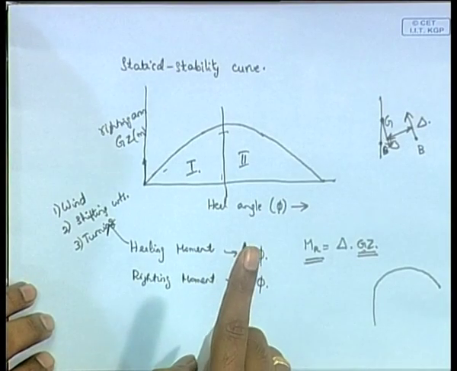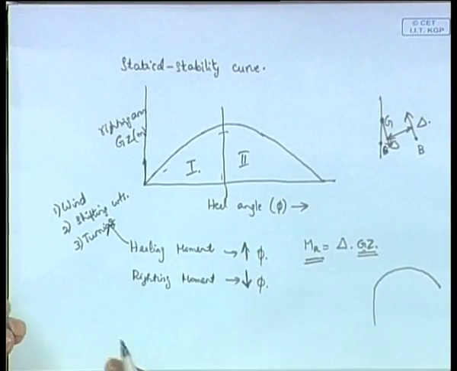When Gz keeps increasing, the meaning is that the righting moment keeps increasing. Now, if this heeling moment is constant, time will come when the righting moment becomes equal to the heeling moment, and then it will stop. And suppose the heeling moment stops, meaning the wind stops suddenly, then the ship will come back to its original shape.